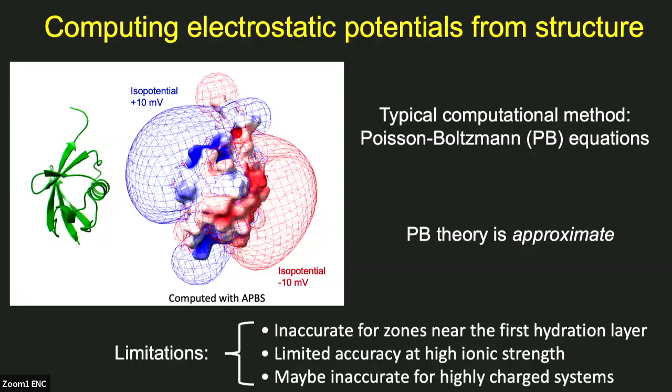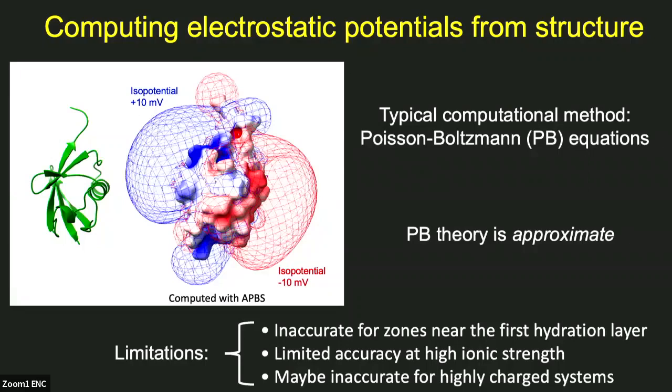And the accuracy is limited at high ionic strength. But the problem is that the validity range of the Poisson-Boltzmann theory is not well defined because experimental studies of electrostatic potentials are really difficult.